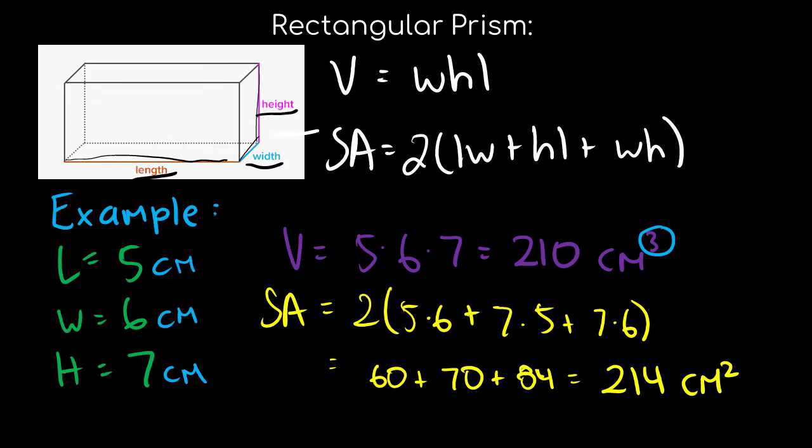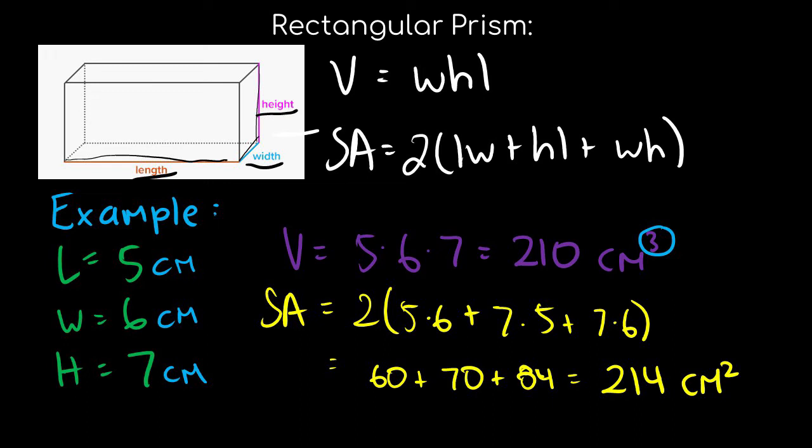Remember, if I have an example like 4a, if there's no addition, no subtraction, no operation in this, then it is implied as multiply. It's times.